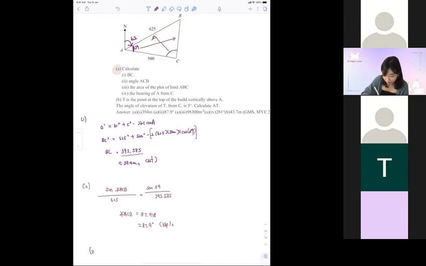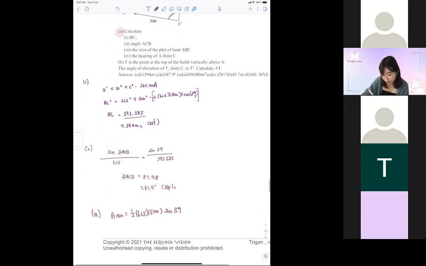So area is your half AB sine C. Just put in the calculator, you will get, I use Terrence's answer, 98331.3.